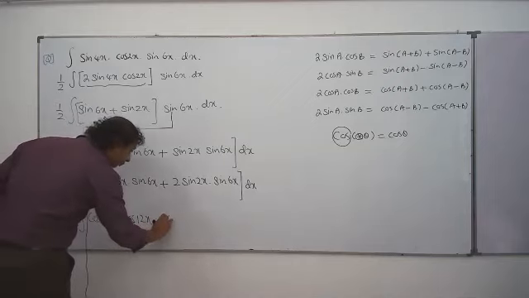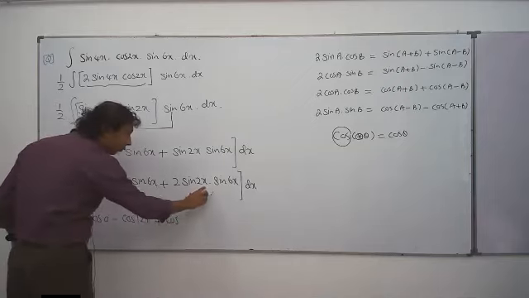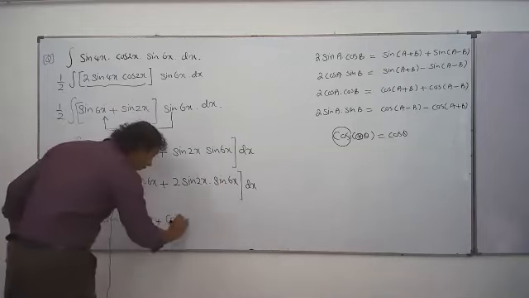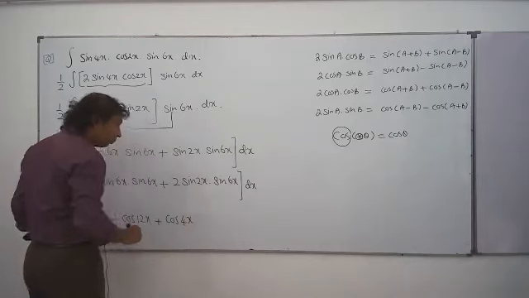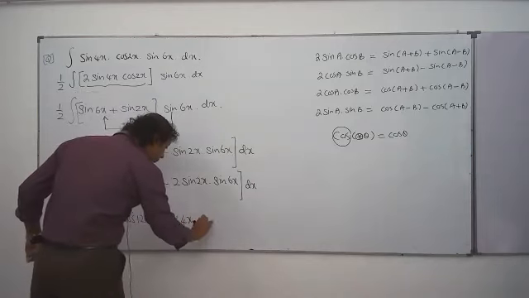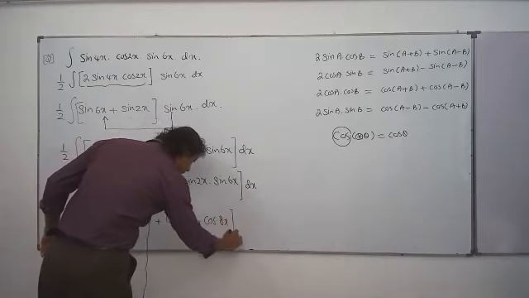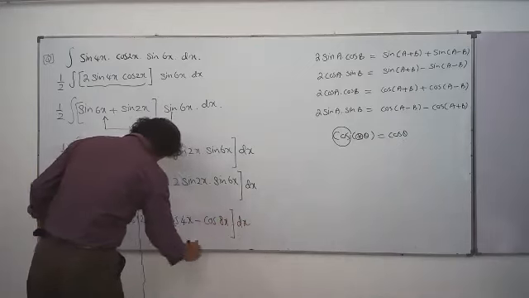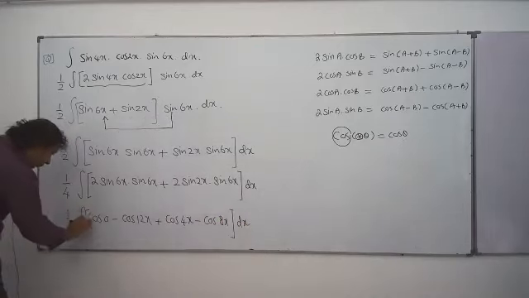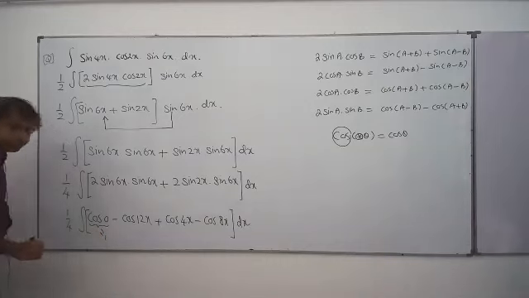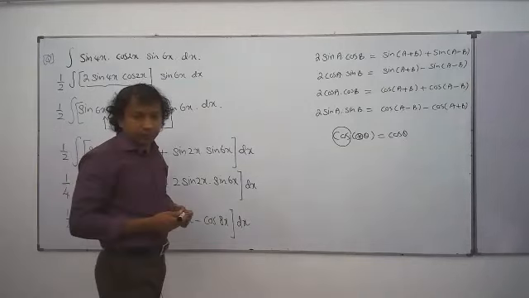And here also cos A minus B, 2x minus 6x is minus 4x. Cos minus 4x is cos 4x, minus cos A plus B, 8x. Right? You know, cos 0 is 1. This is 1. Understood?